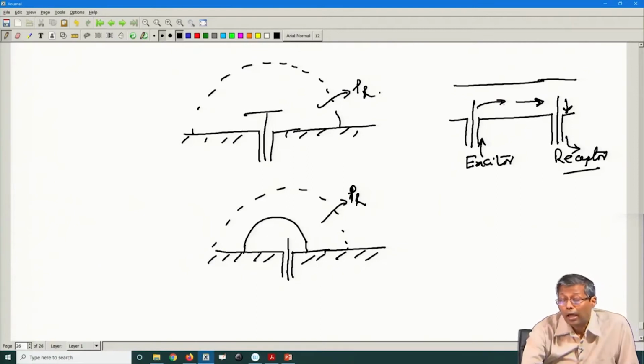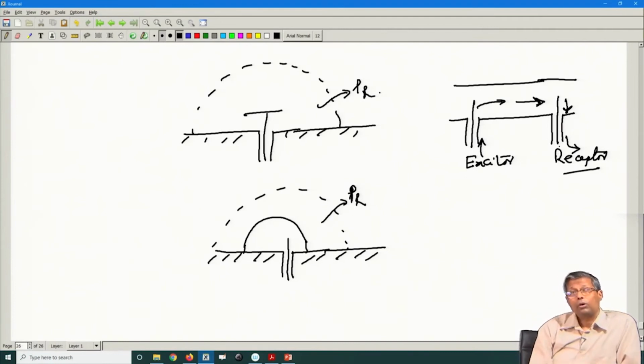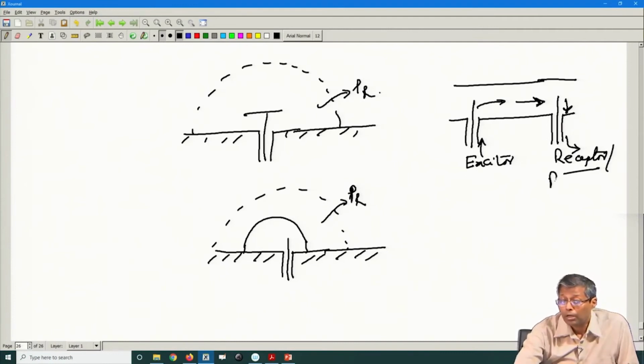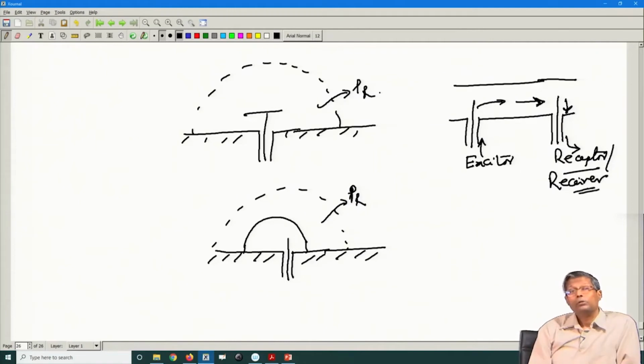Because if this receiver is in the far field, I need to only calculate the radiated power from this probe. I do not care about its reactive part, because its reactive part does not reach this far field.